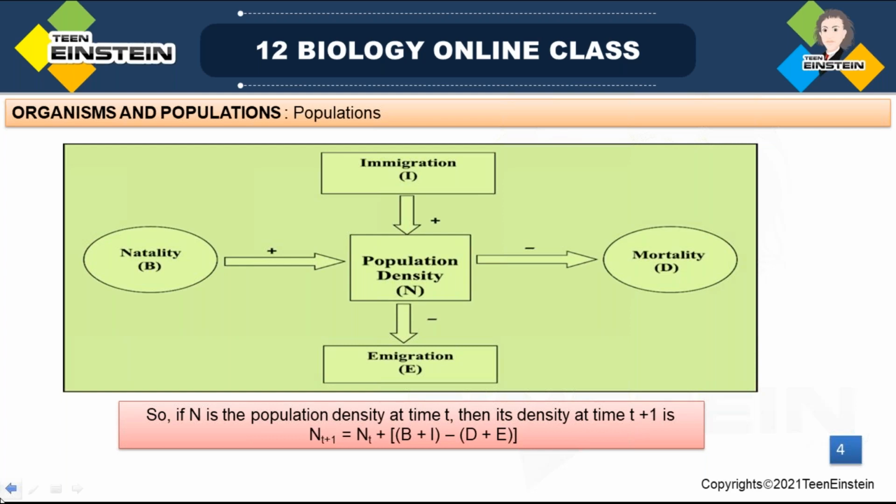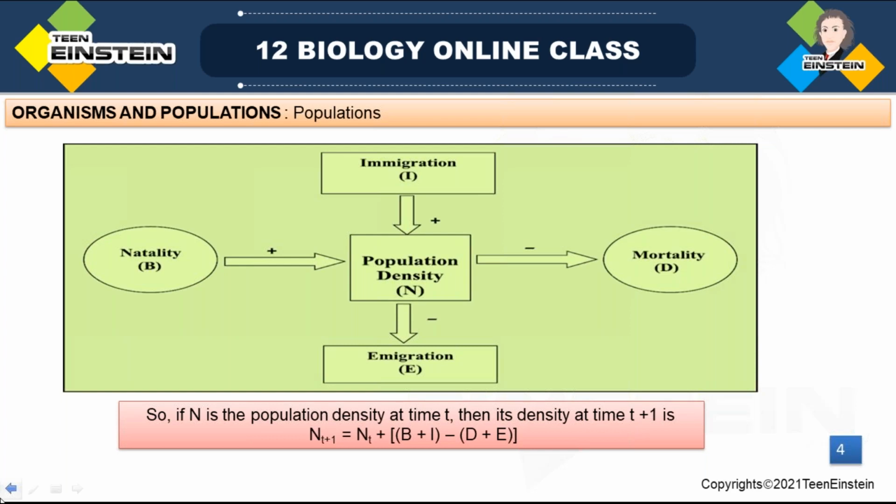For a sudden change, immigration and emigration help. Just imagine a habitat is newly created. If you are thinking about a sudden population density growth, that means immigration: some organisms or species are coming from somewhere else and getting added to this population, and there you can see a population density increase.